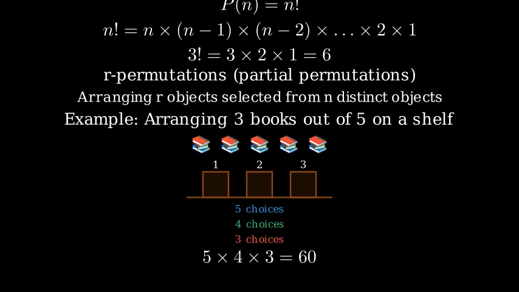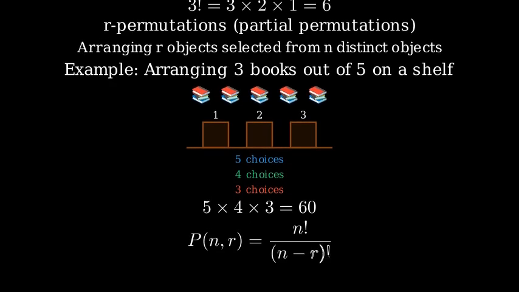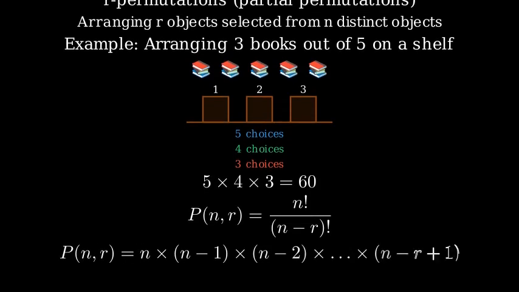So the total number of ways to arrange 3 books selected from 5 is 5 times 4 times 3, which equals 60. The formula for r-permutations is written as P(n, r), or sometimes as P sub n, r. It's equal to n factorial divided by (n minus r) factorial. We can also write this as n times (n minus 1) times (n minus 2), and so on, continuing for r terms. Let's apply this formula to our book example.